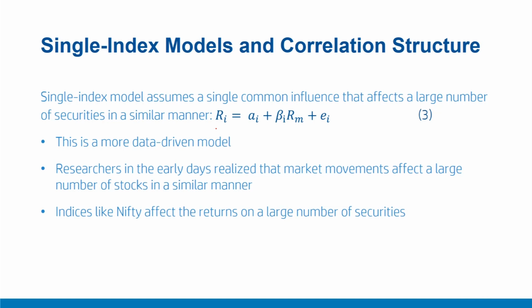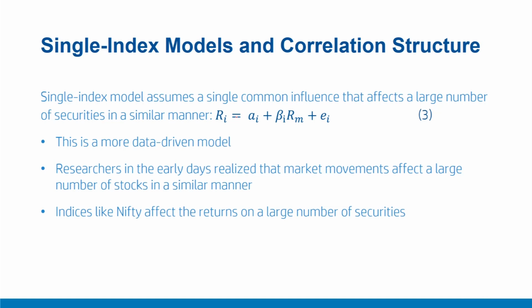The model is based on the evidence that most stocks follow market movements to a certain degree. For example, when the market goes up, a large number of stocks go up and vice versa. This leads to the genesis of single index models, where a market index such as Nifty or S&P 500 acts as the proxy of the single index.